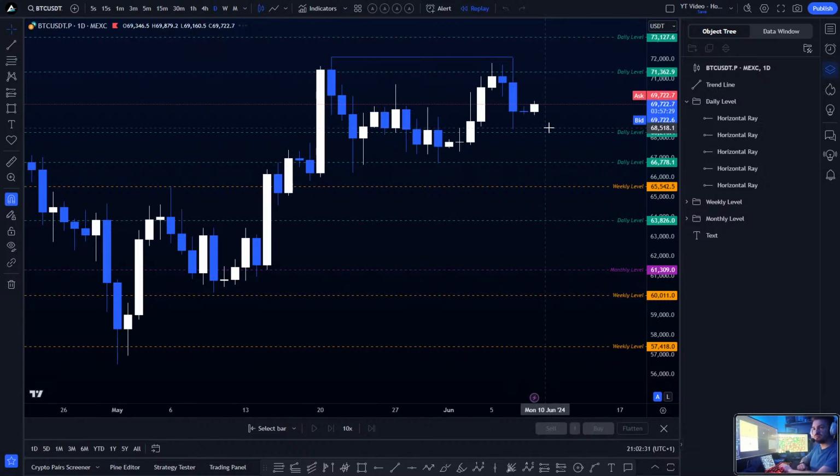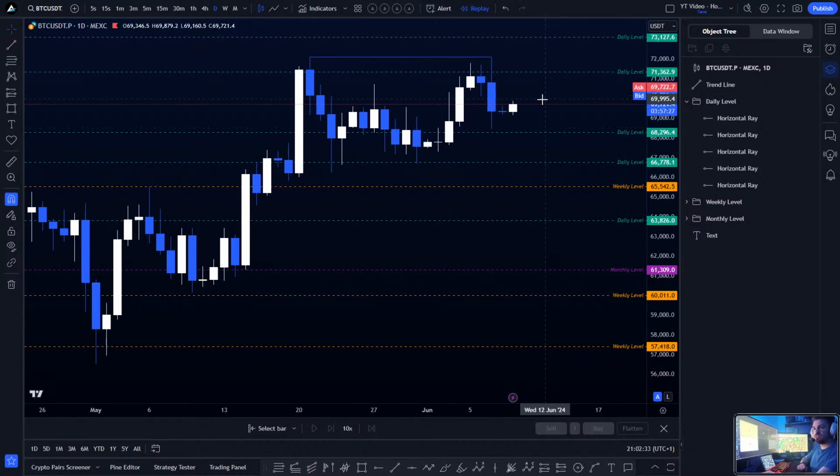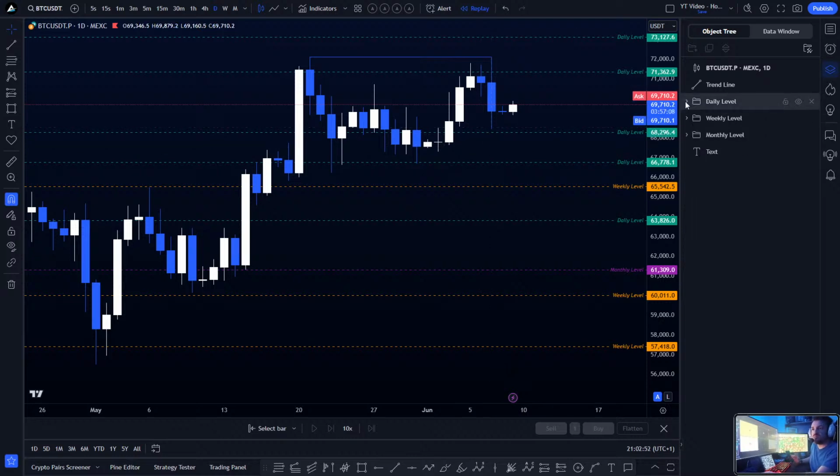So a possibility obviously is that if we're close to the daily level, we'll look for longs. If this is a continuation, we're gonna have a retrace and either break the daily level or use this consolidation as a support.